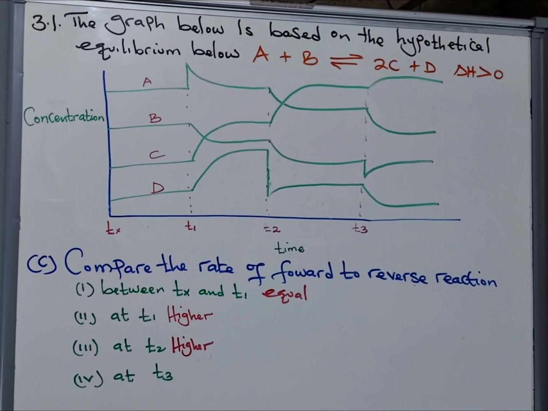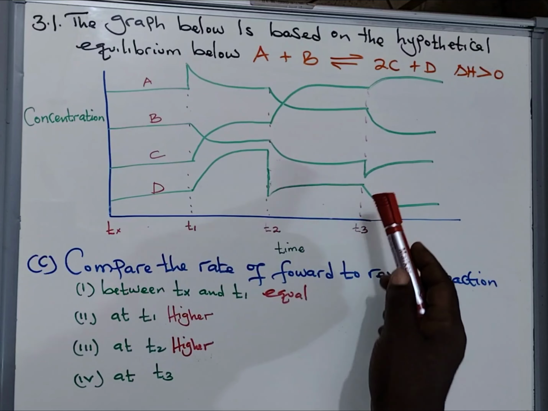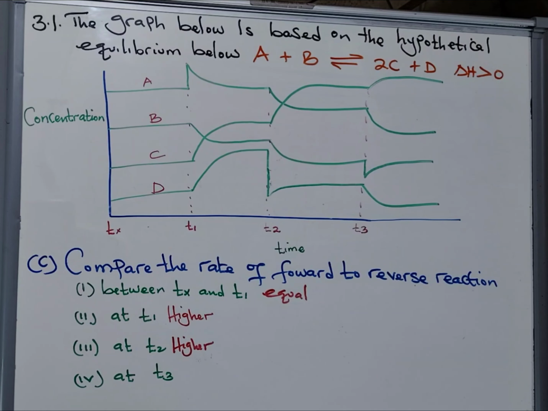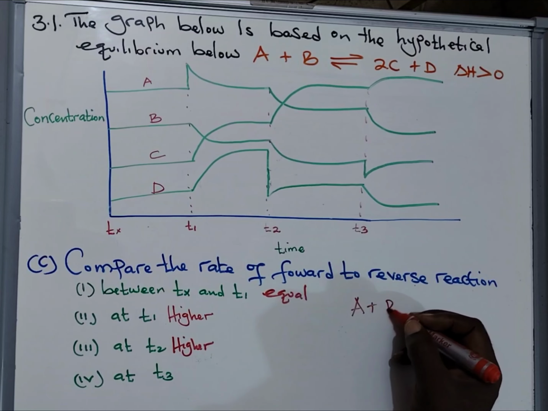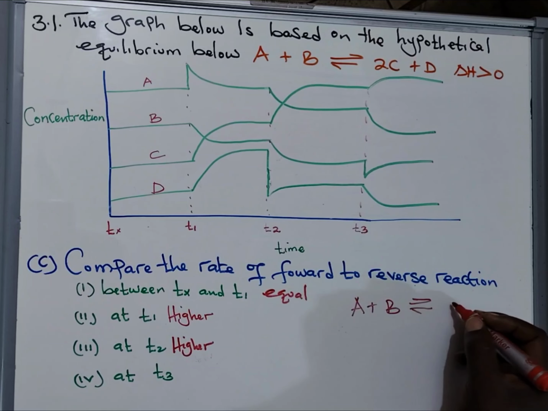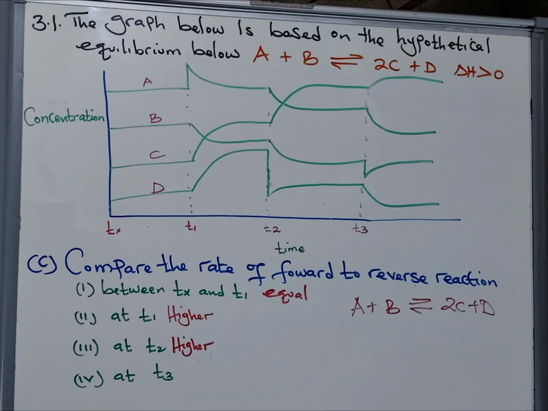Yeah, then we come to T3. What is happening at T3? Okay. The concentration of B is reduced. So what do we do? You have the equilibrium. Okay. And on the equilibrium, we represent a change.